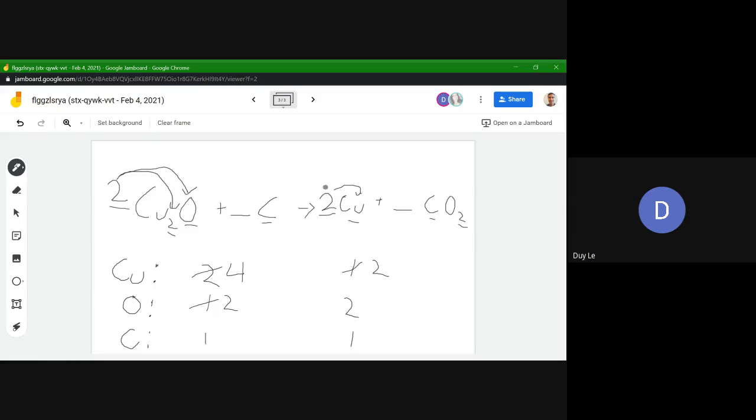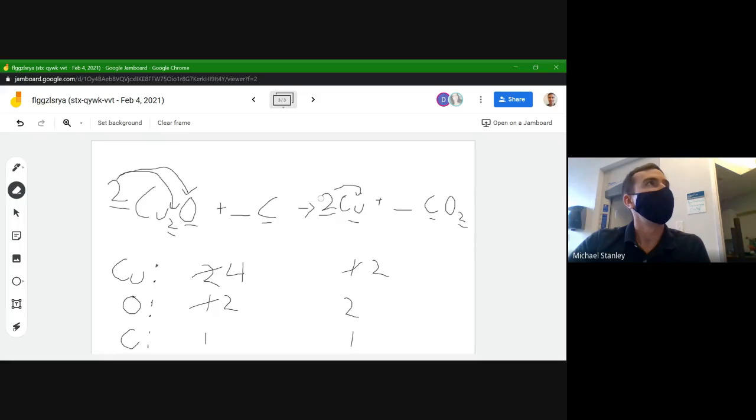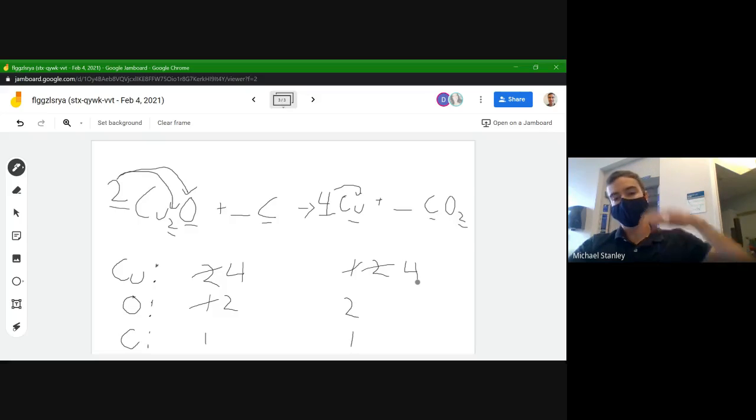Yes, we change it to 4. Hey, I like that idea. So 2, as it turns out, is not the best coefficient to go there, but that's okay. We can always go back and change coefficients if we need to. So if we make this instead a 4, now we have 4, and then this becomes a 4 as well.